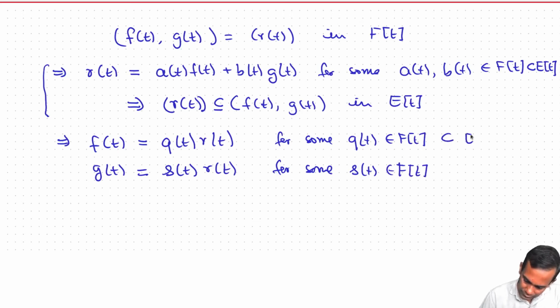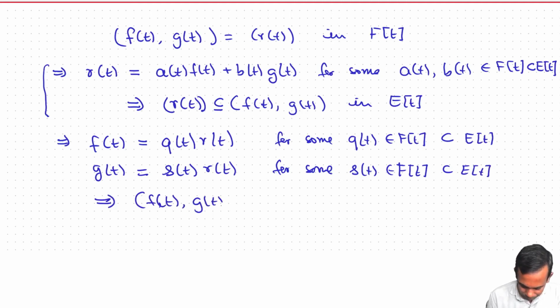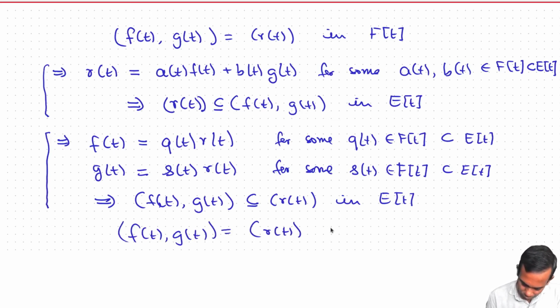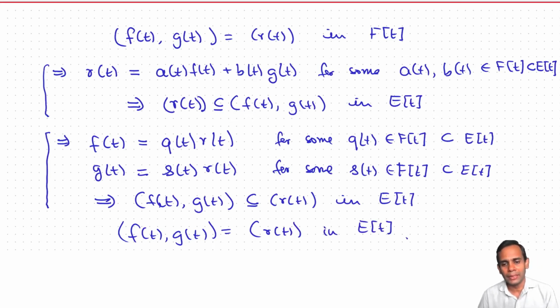Now again, F[t] is contained in E[t]. So this implies that (f(t), g(t)) is contained in (r(t)) in also the larger polynomial ring E[t]. Putting these together, we get that (f(t), g(t)) is equal to (r(t)) in also the larger polynomial ring E[t]. So if the GCD of two polynomials is non-trivial in F[t], it is non-trivial in E[t]. And that's all we need here.